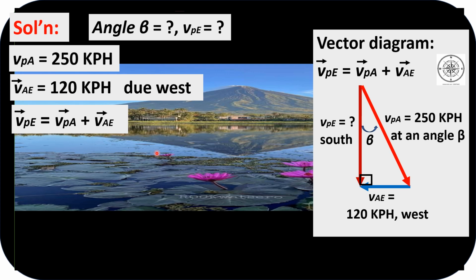Again, we can determine the magnitude of v PE using trigonometry and the diagram here, which shows that the three vectors are already connected head to tail, and they form a right triangle.